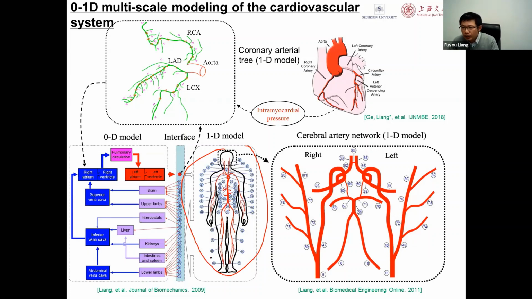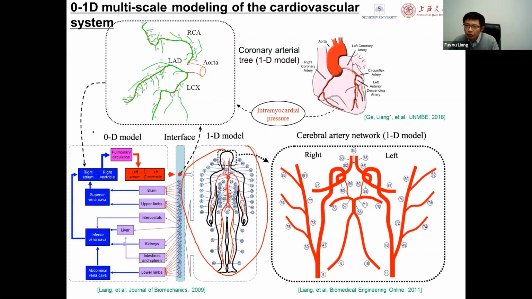But only this one model is not good enough because our cardiovascular system has other components like microvessels, veins, the pulmonary circulation, and the heart. So we couple this 1D model with a 0D model of the other portions of the cardiovascular system to form a closed loop model of the whole cardiovascular system.